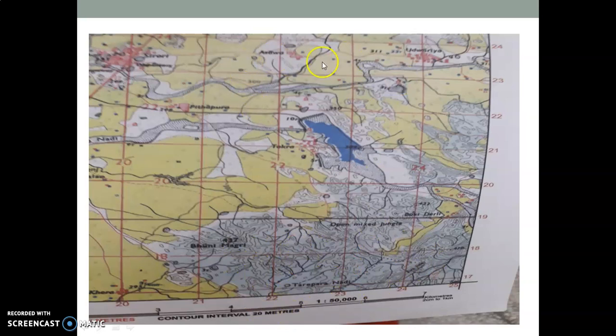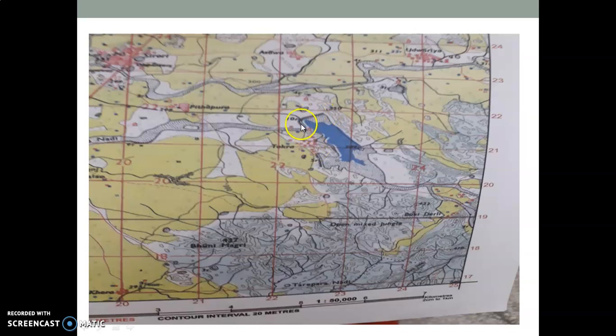If you observe this map carefully, this blue color indicates a perennial water body and this symbol is for a reservoir. 10R is written outside of this symbol. Observe this symbol in your book.